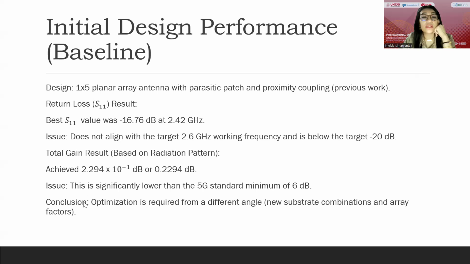So the conclusion is we have to optimize from a different angle, and this research uses a new substrate combination to achieve a higher total gain from this antenna design.